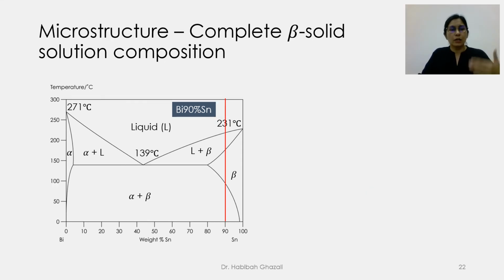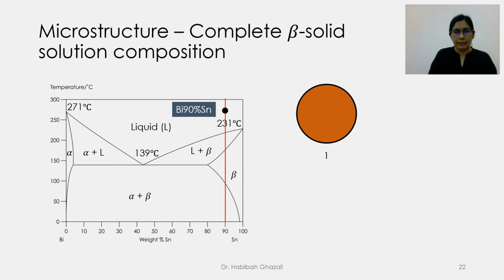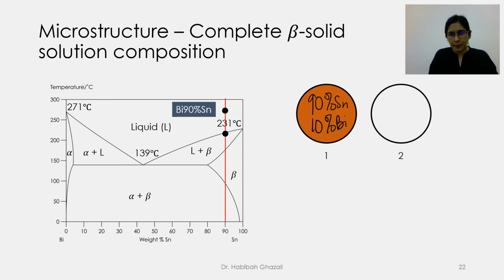The formation of microstructure begins as soon as it touches the liquidus line. Above that liquidus line, everything is in liquid form, and this liquid consists of 90% tin and 10% bismuth. As soon as it touches the liquidus line, the crystal structure of beta solid solution will be formed.